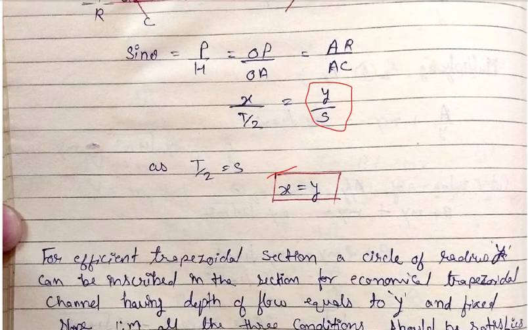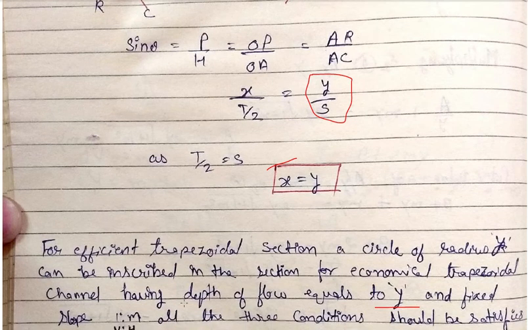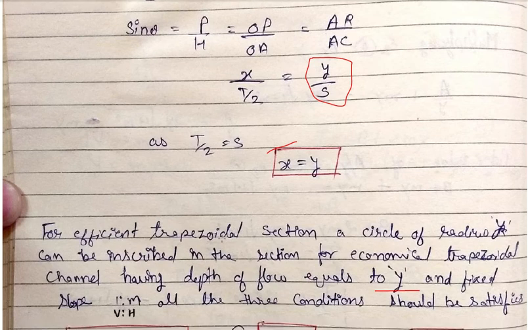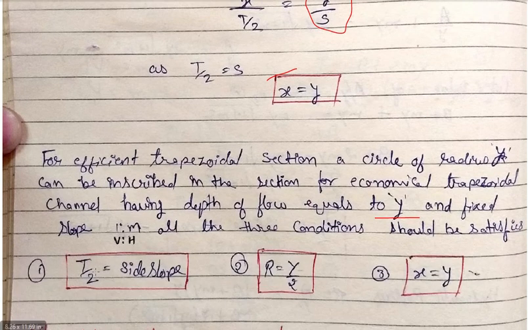For the economical trapezoidal channel section having depth of flow equal to y and fixed side slope 1:n, all the above three conditions should be satisfied. That means the first condition is T by 2 equals side slope. The second one is hydraulic mean depth or hydraulic radius equals y by 2, and the third condition is x equals y.